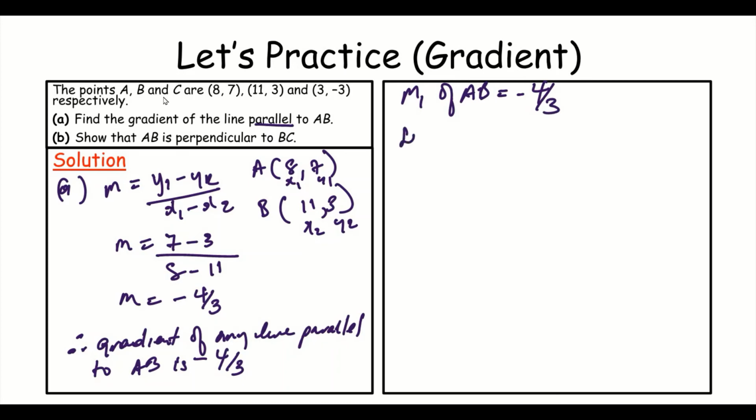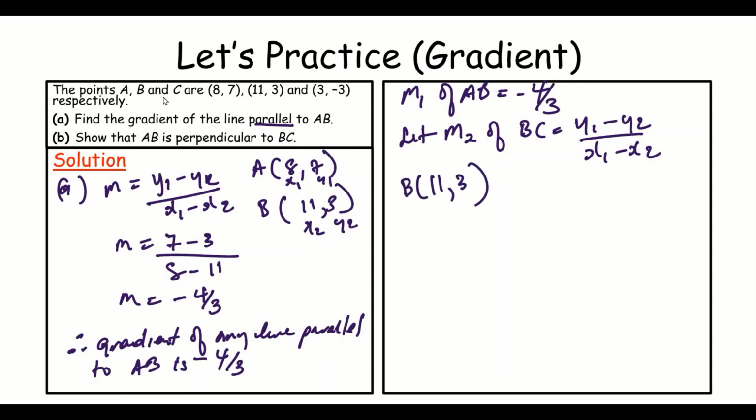Now let's find the gradient of BC. Let's call it M2 and let's calculate that. So that's going to be our y1 minus y2 over x1 minus x2. Now let's write out the points B and C. So B would be (11, 3), and C is (3, -3). That could be my x1, y1, x2, y2.